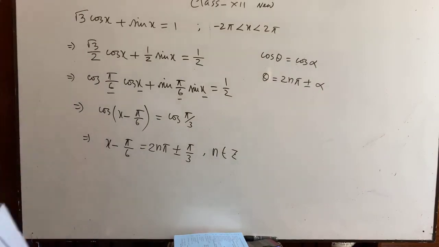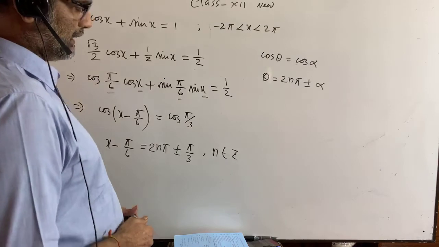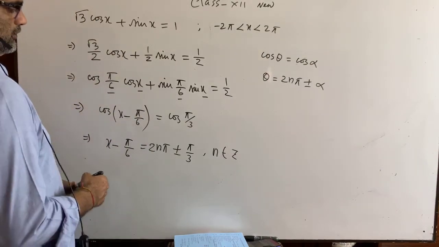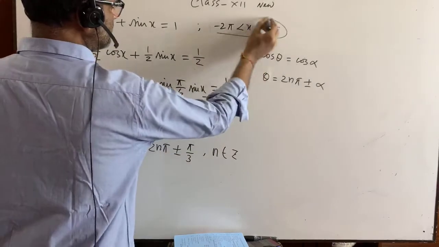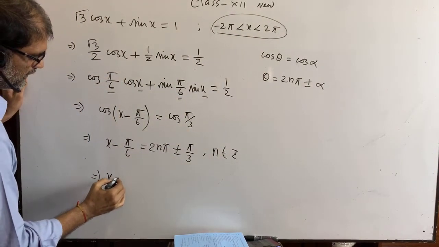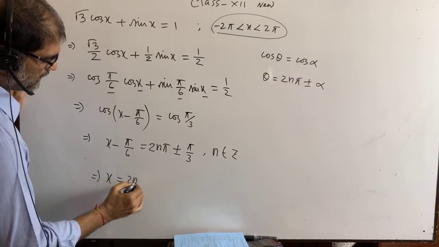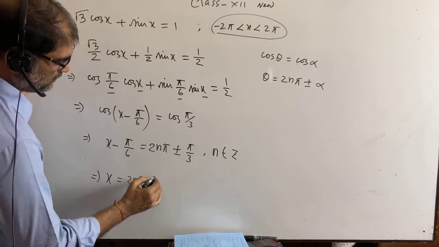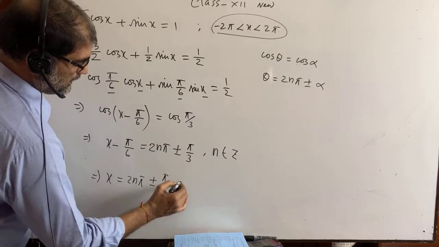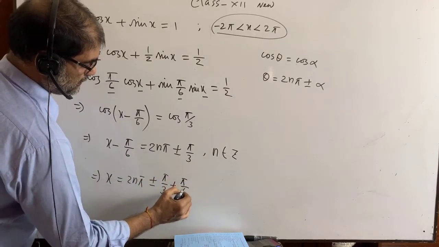That means n may be 0, minus 1, plus 1, everything. Now you have to find the value within this range. That means we can write x equals to 2n pi plus minus pi by 3 plus pi by 6.